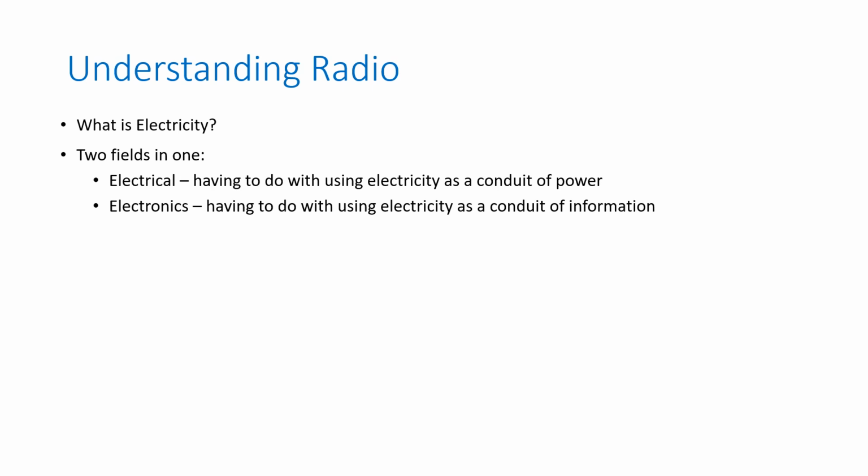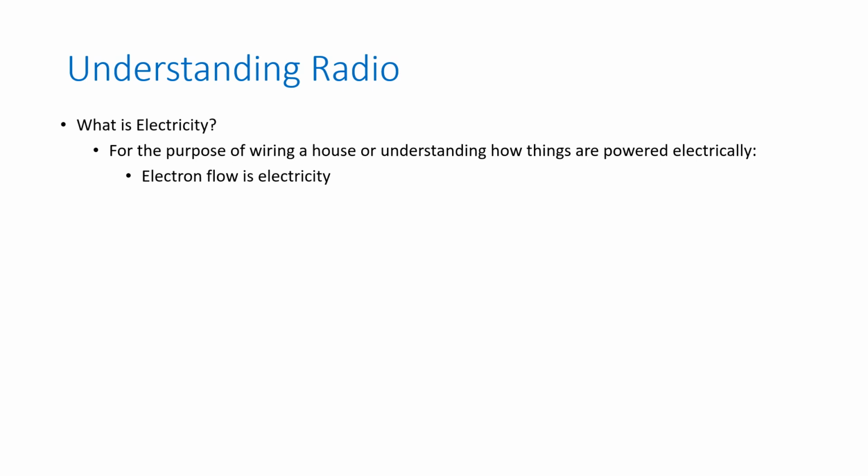This has to do with using electricity as a conduit of information, whether it is to store information like in a computer or to transmit information as in radio, where you're transmitting radio waves for the sole purpose of sending information, even if all that information is your own human voice. For the purpose of wiring a house or understanding how things are powered electrically, we can get away with thinking of electron flow as electricity.